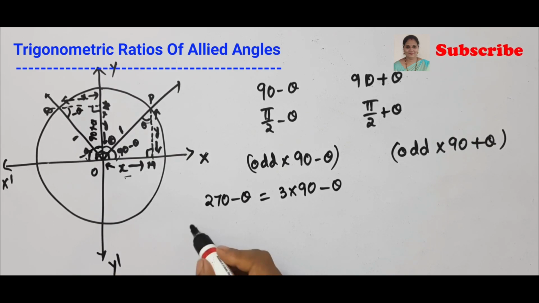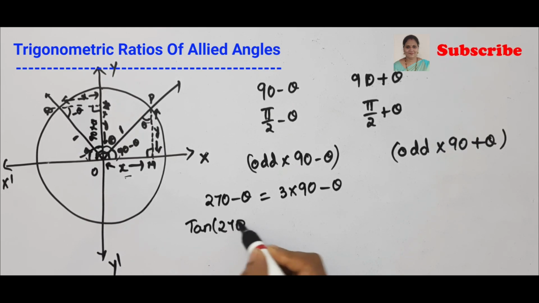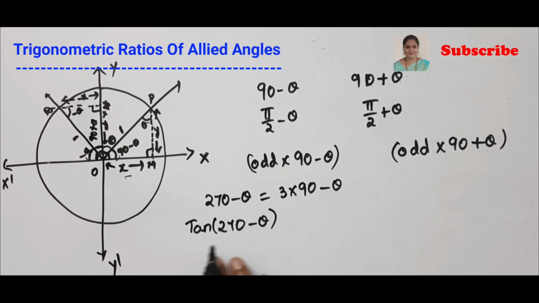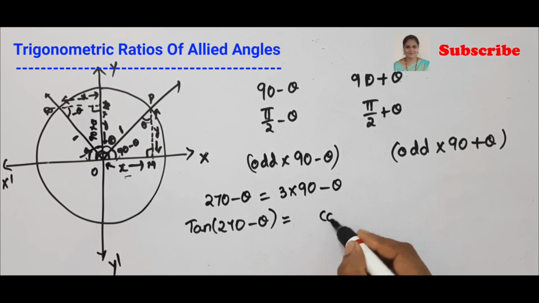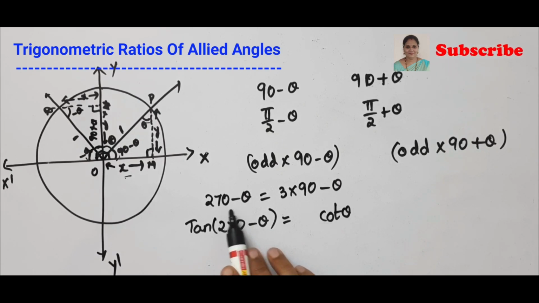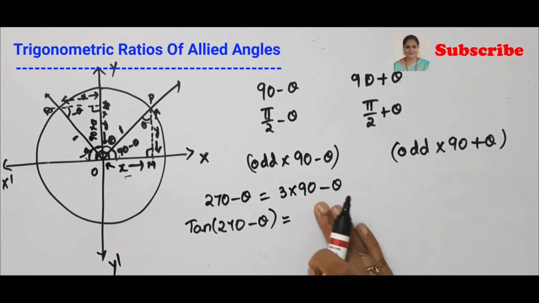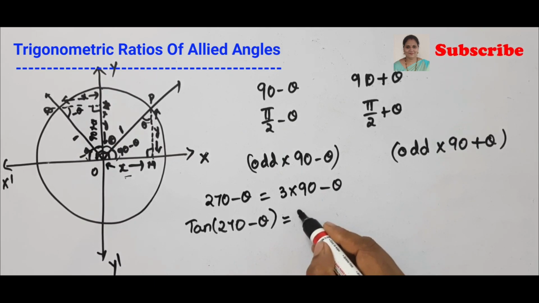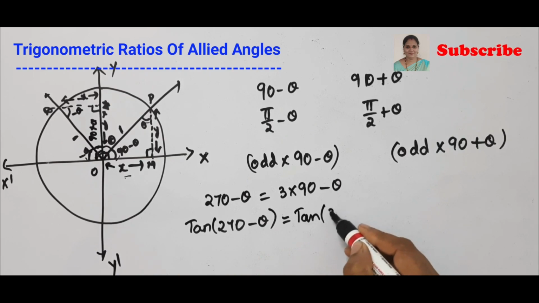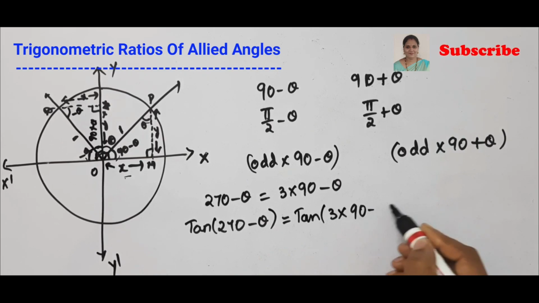So if you take any trigonometric ratio, say tan of 270 minus theta, and you have to calculate it, simply change the trigonometric ratio. That is, tan changes to cot theta. Understood how I have written this? Tan of 270 minus theta can be written as tan of 3 into 90 minus theta.